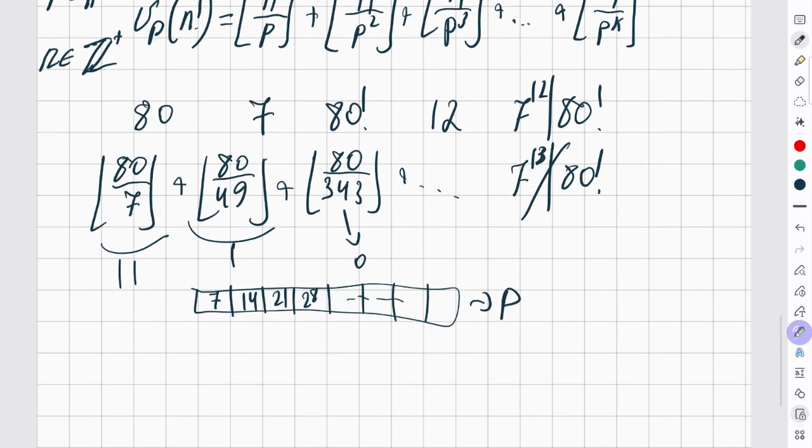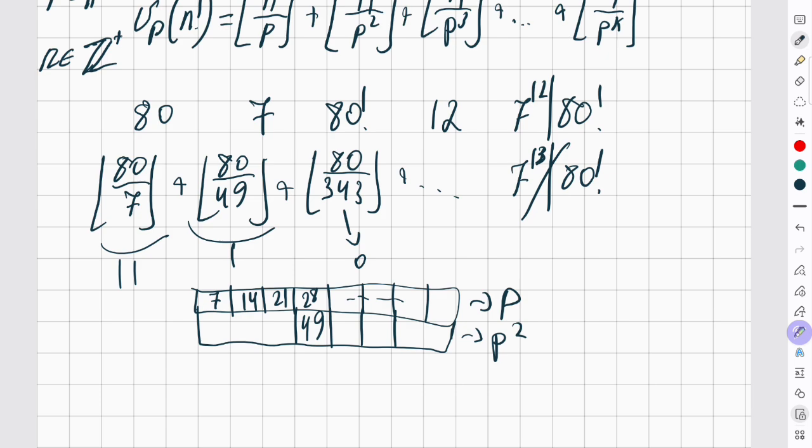However, in the second row we have also some numbers, but they are divisible by p squared. We can select this. For instance, we have 49 here.